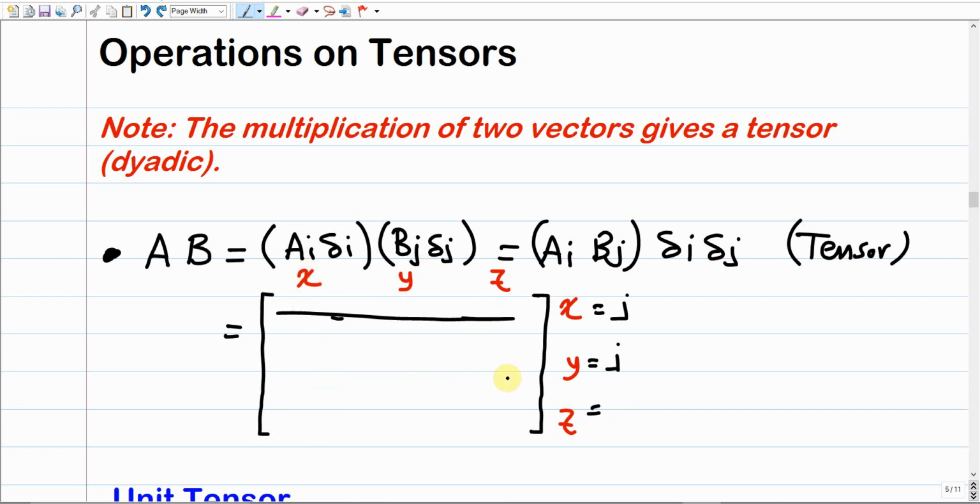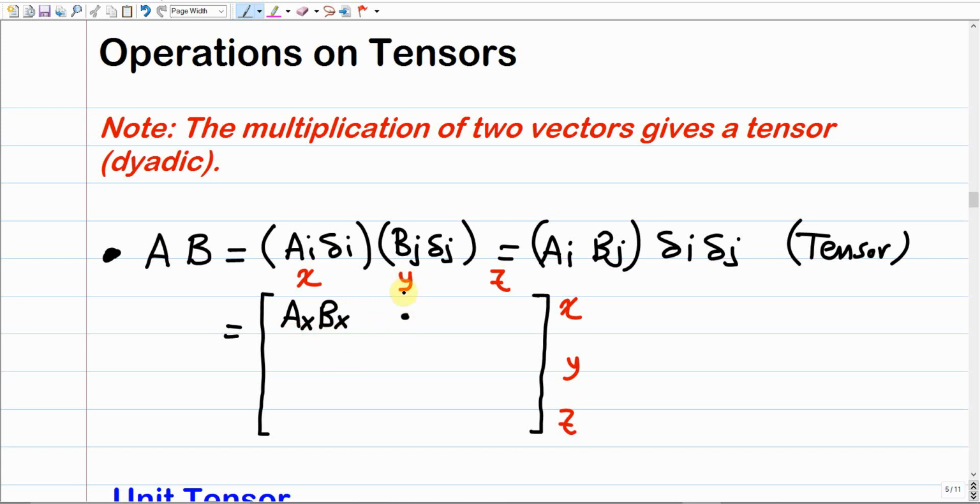Now let us talk about this component. If we intersect the X row with the X column, this is the XX component. It means that i should be X and j should be X as well, so this gives us A_x B_x. How about this component?